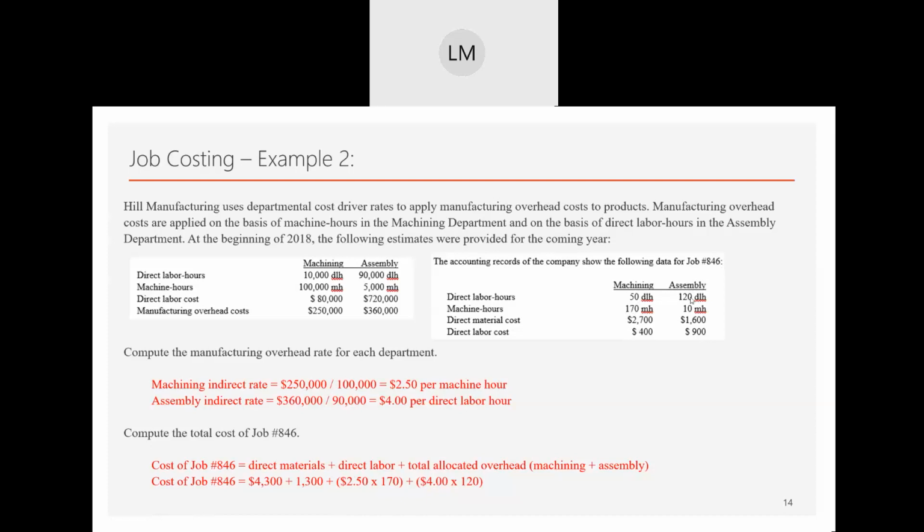So $4 per direct labor hour times 120 direct labor hours. And so that'll give me the amount of overhead I'm going to allocate in the assembly department. So a total cost, when I add these up and multiply these out and then add these all together, the job cost of job 846 is going to be $6,505.